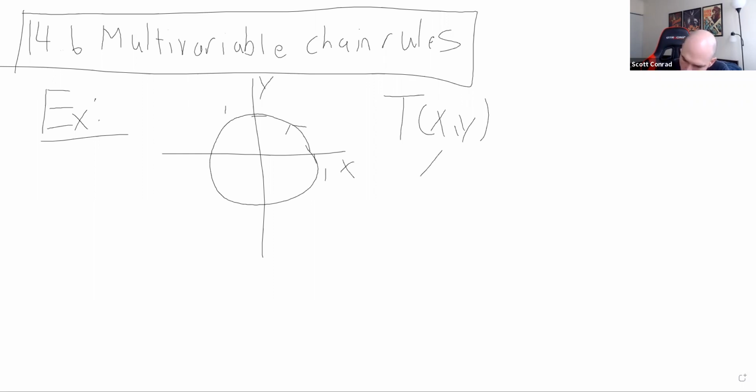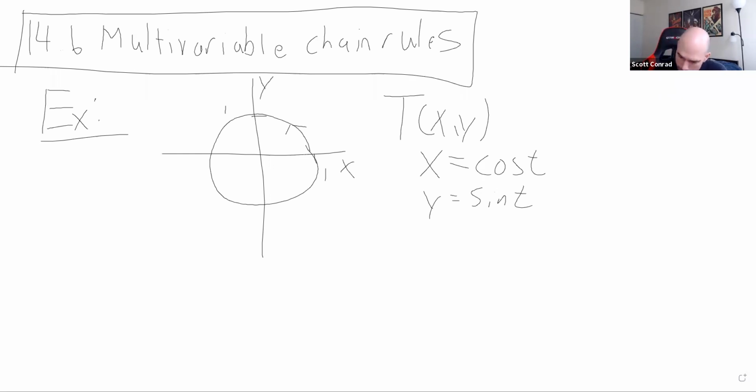According to the parameterization, x is cos t, y is sine t. So suppose we have some particle moving along this beautiful, extremely circular circle here. The x coordinate at time t is cos t, the y coordinate at time t is sine t.